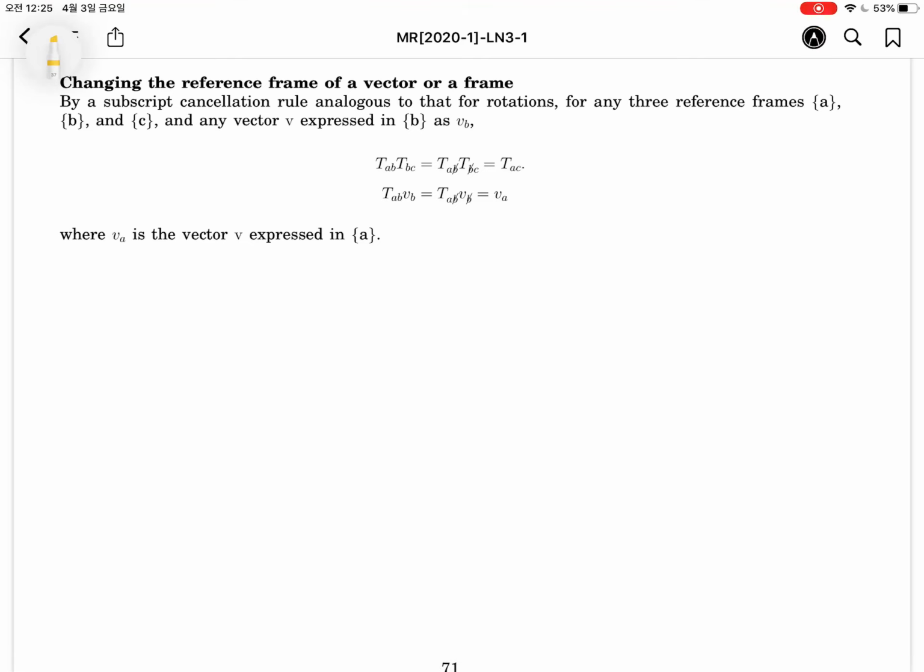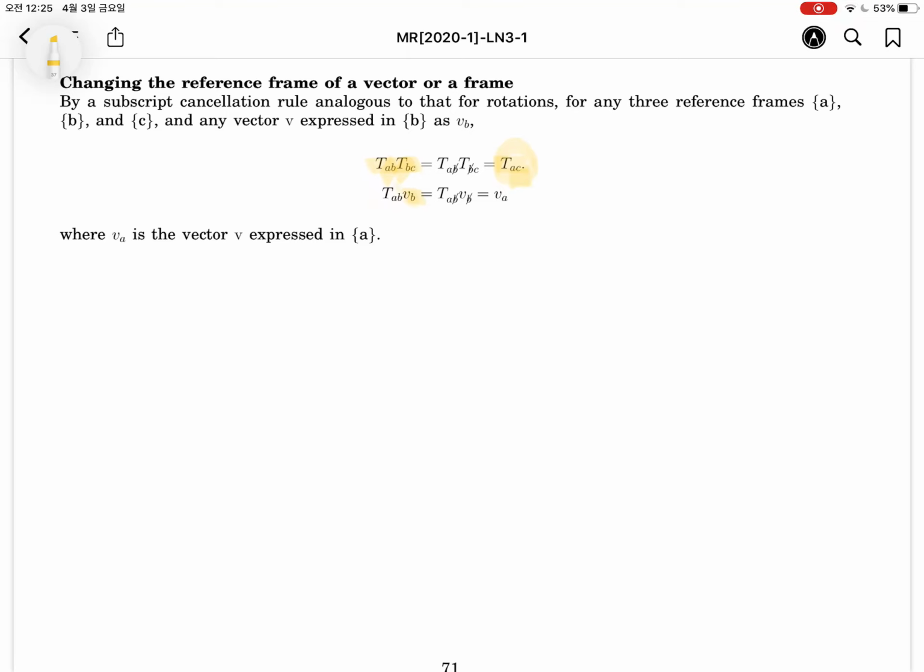Okay, similar to the subscript cancellation rule, this concept is applied to the homogeneous transformation. Okay, TAB multiplied by TBC. Both B's cancel out each other, then we will have the TAC. So the frame of C can be described in terms of the frame A. On the other hand, VB implies the vector V expressed in the B frame.